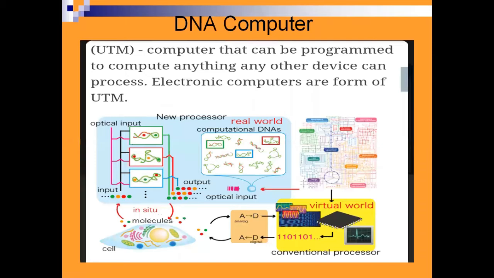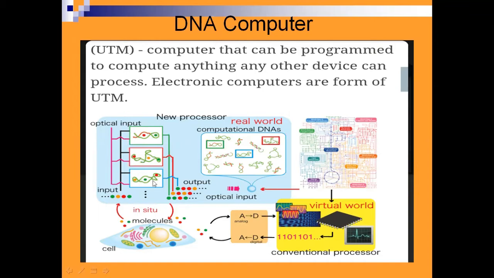That is the DNA computer that can be programmed to compute anything any other device can process. So it is like electronic computers. Here you can see the DNA molecule, new processor, CPU. This is the CPU of a DNA computer. Optical input is given here. Here is the input area, this is the input device.